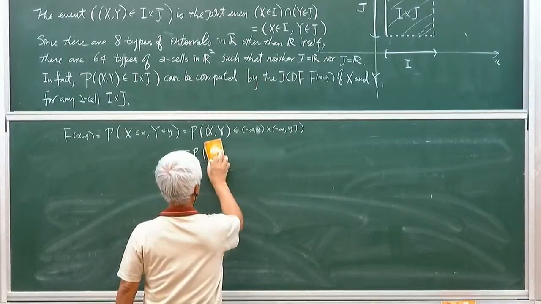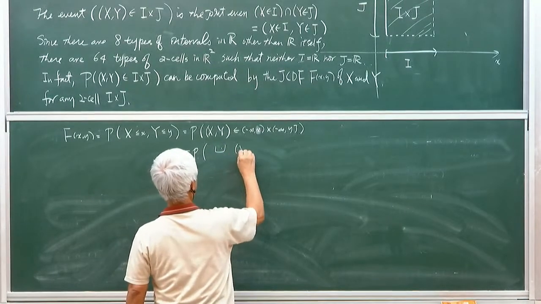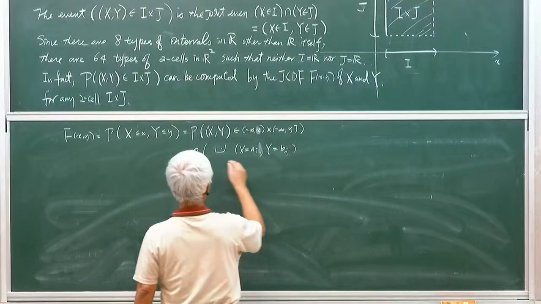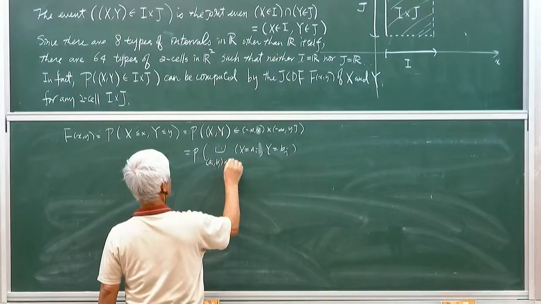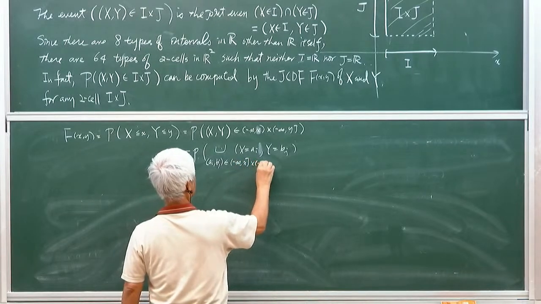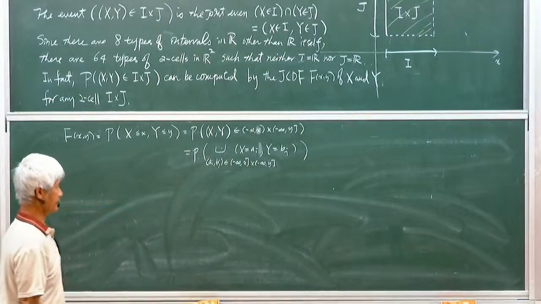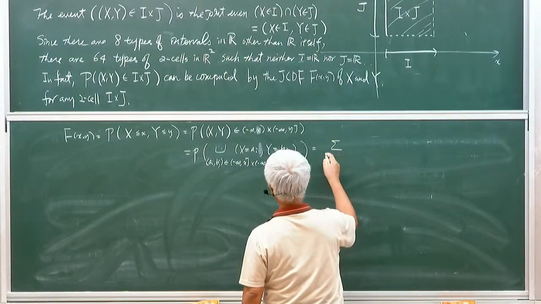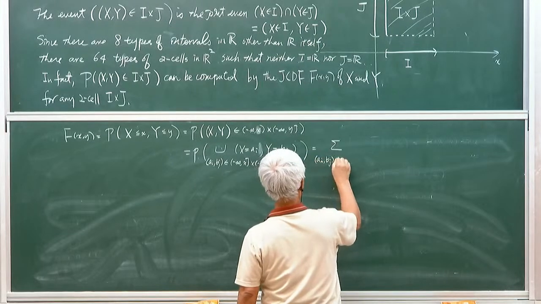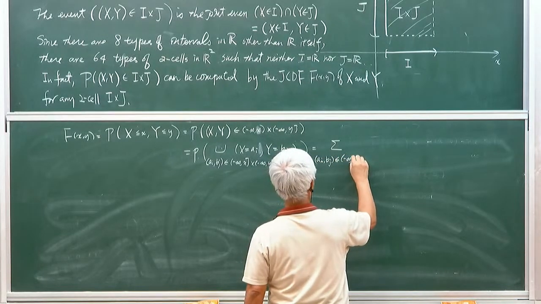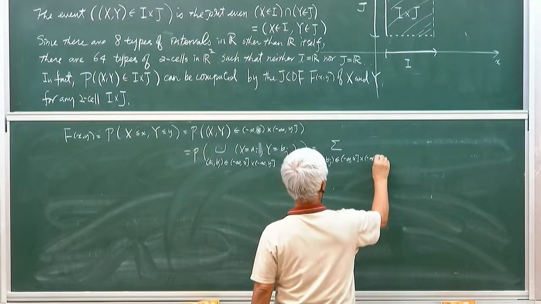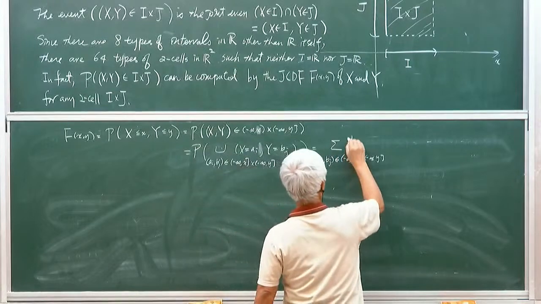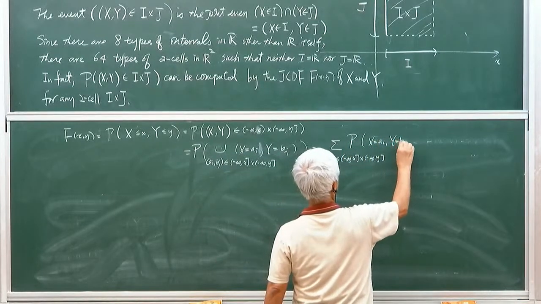Okay, and union, so it would be the disjoint union of x equal to a sub i, y equal to b sub j, such that a sub i, b sub j is contained in the set.